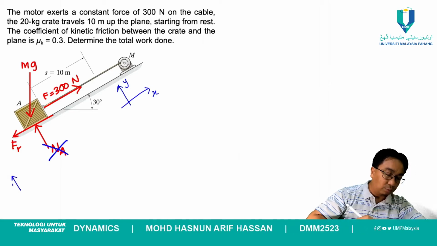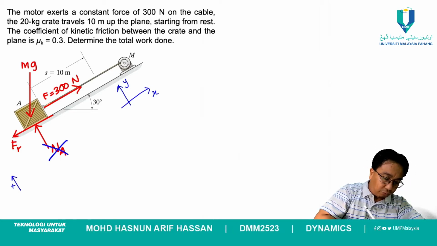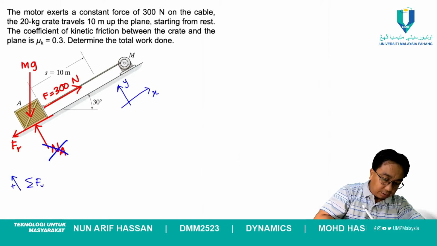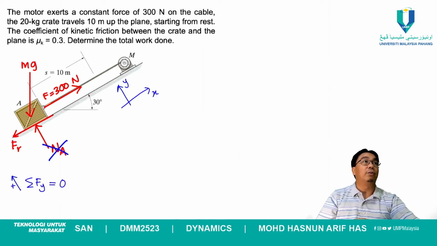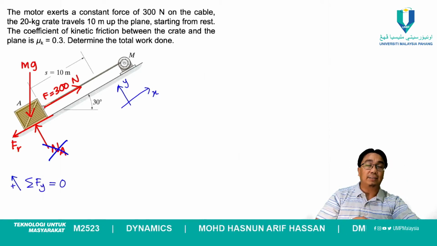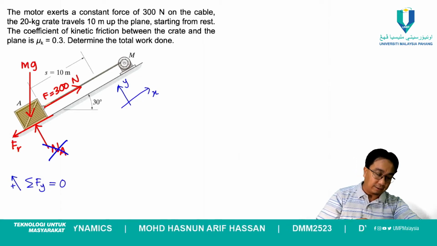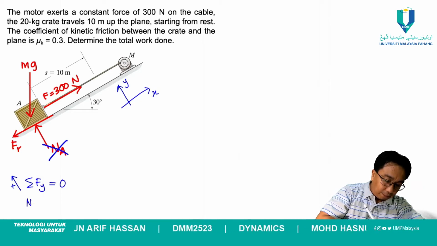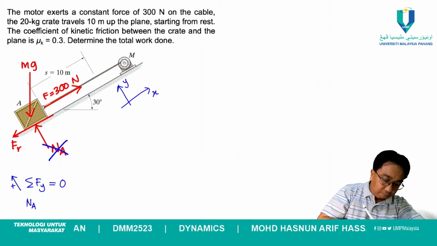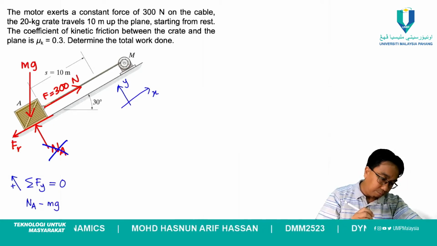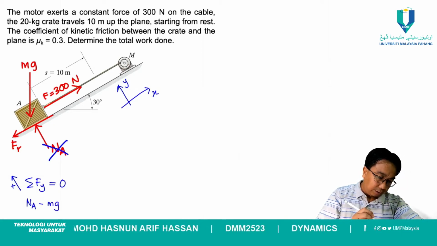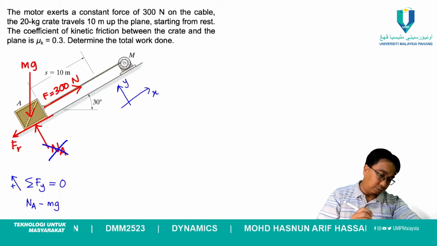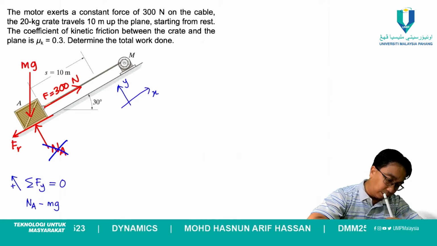Going back to chapter 2, the total force in the y-axis is equal to 0, because the box is not moving in the y-axis, it is only traveling in the x-axis. So what we have in the y-axis is NA, and then we have minus mg cos 30 degrees, right? This will be 30 degrees here.